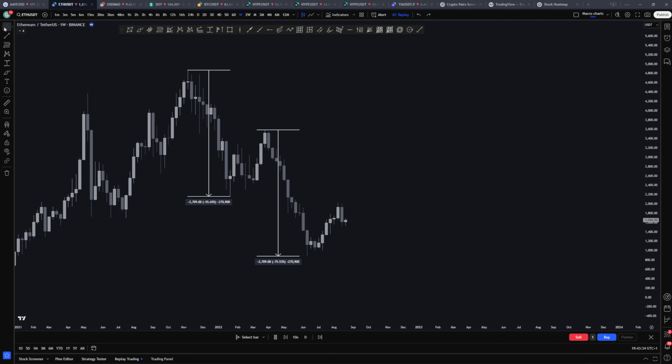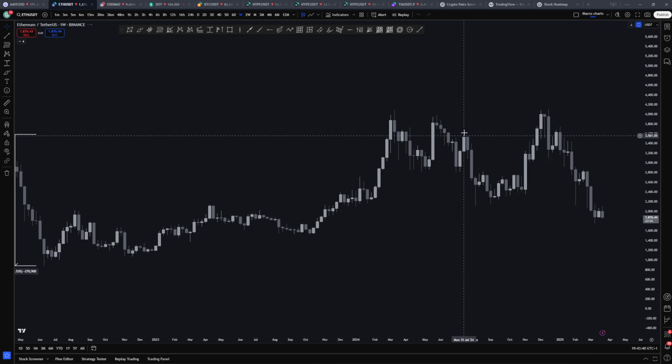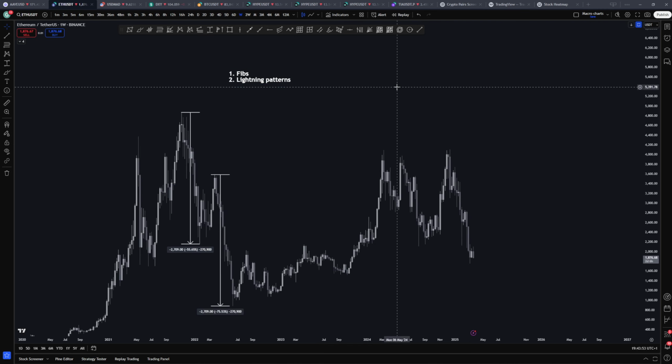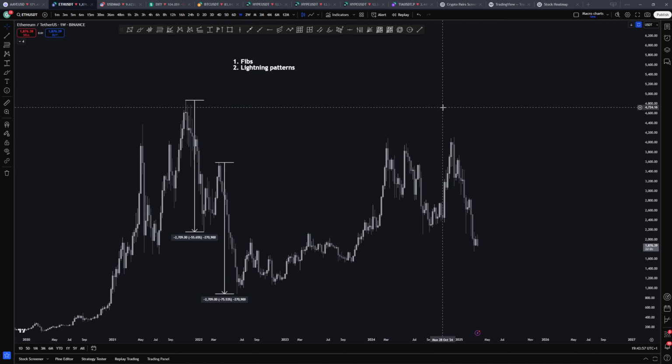This pattern is at the core of harmonic trading. Harmonics consists of a few things. Harmonics consists of one, bit, two, lightning patterns. There's a few other things, right? It took inspiration from some other fields of TA, but these are the most important ones.